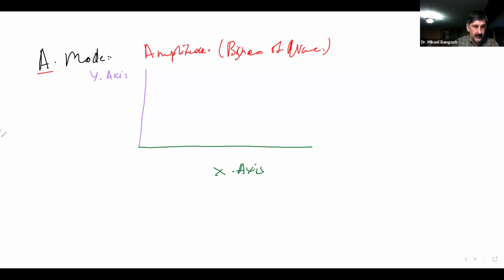Now in this case, guys, just consider that this is where your transducer is. Let's do it this way. If this was your transducer, what did it do?